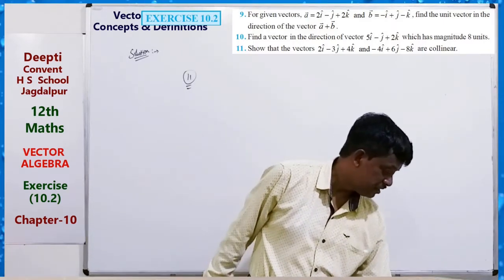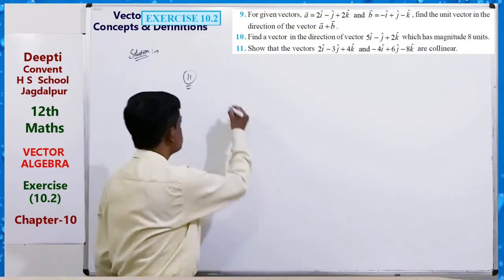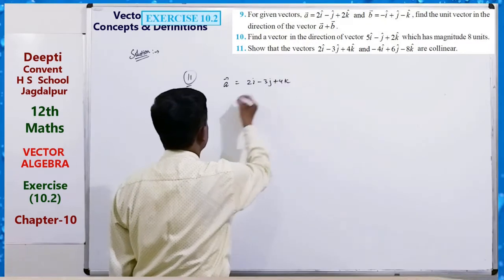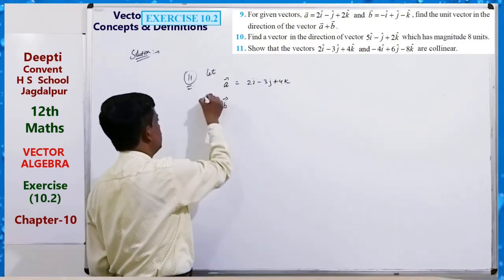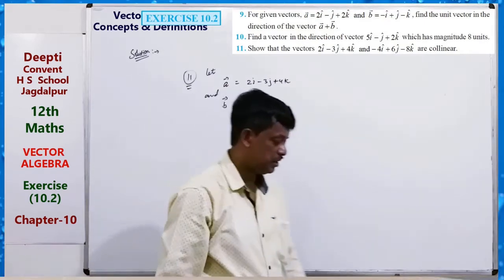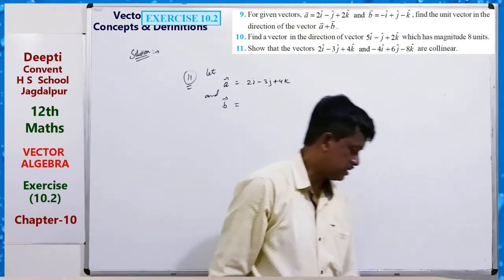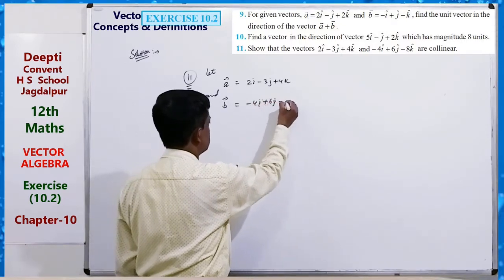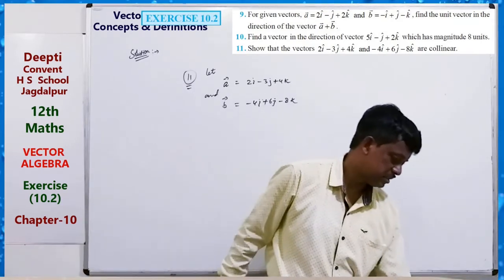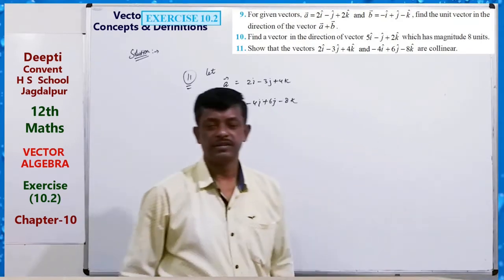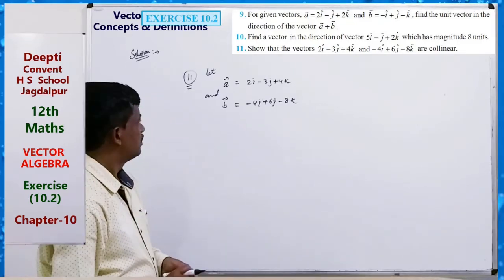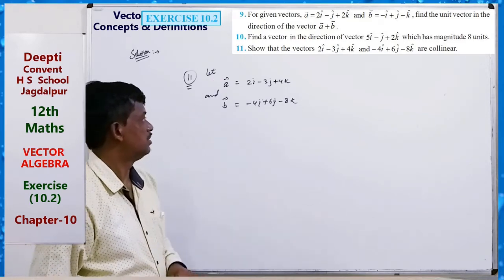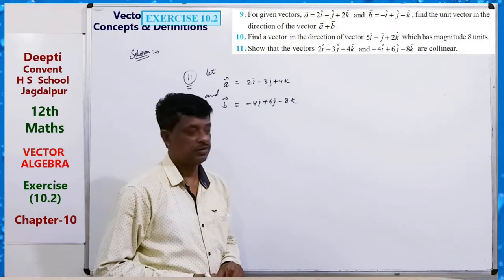Let the first vector a be 2i minus 3j plus 4k and the second vector b be minus 4i plus 6j minus 8k. Suppose these two vectors are denoted by a and b, and they are collinear. We have to prove it.